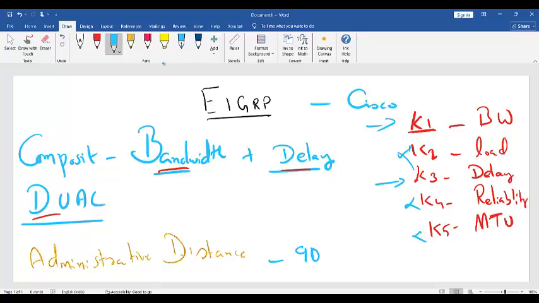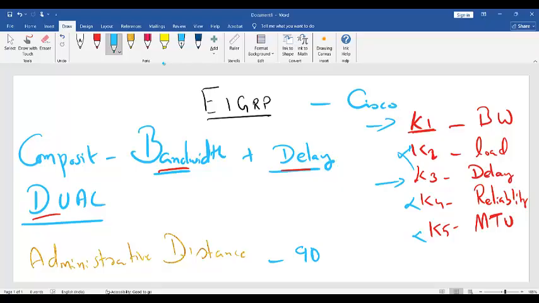If you multiply the load value by 0, what is the answer? You will get 0 only. Which means, though the algorithm is processing it, it cannot use it because it is multiplied by 0. Load, reliability and MTU, all three are multiplied by 0 in this DUAL algorithm.